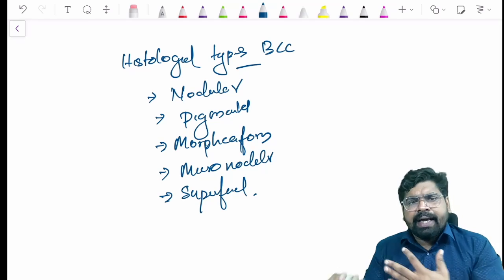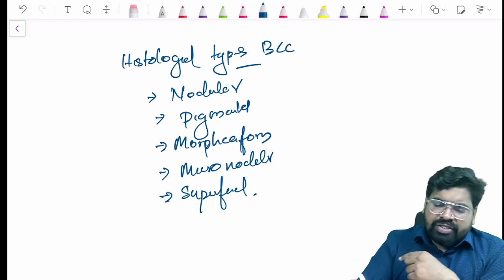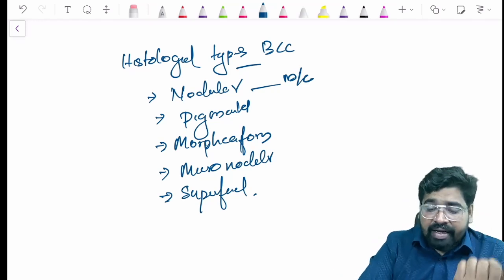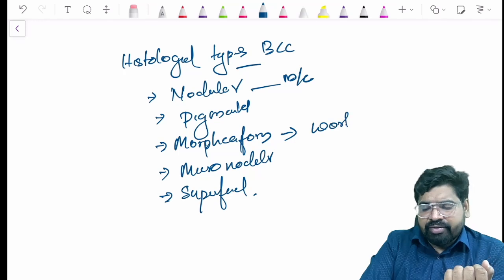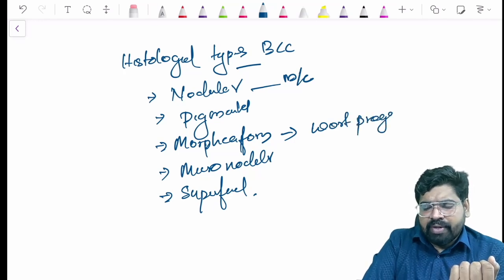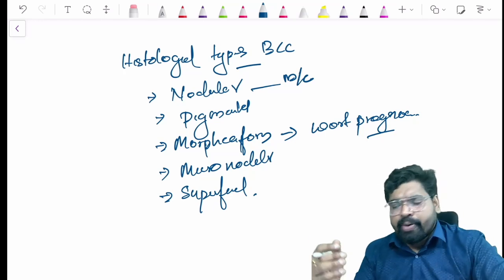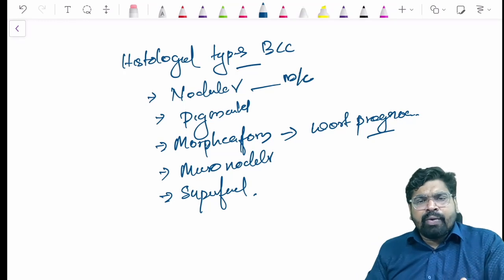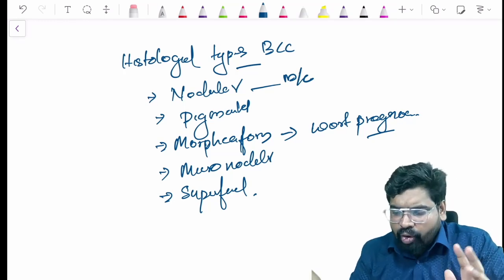So many histological types are there. Out of which the most common one is the nodular type, and the most aggressive, with the worst prognosis, is the morpheaform type. Nodular type is most commonly seen.